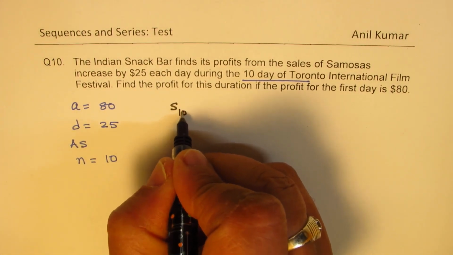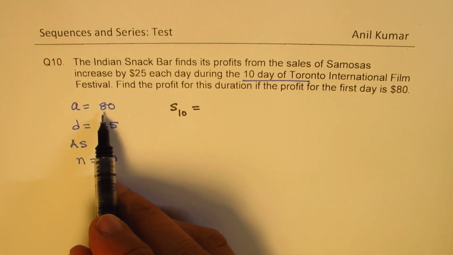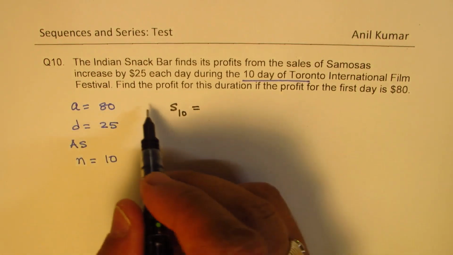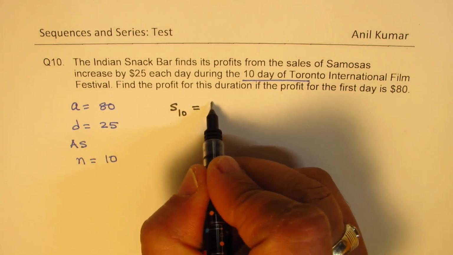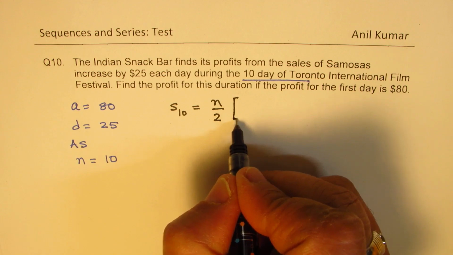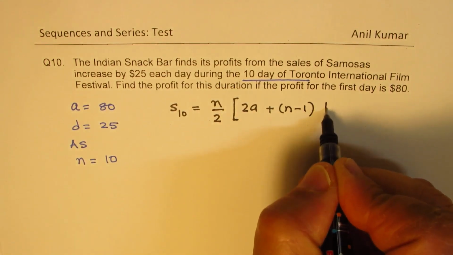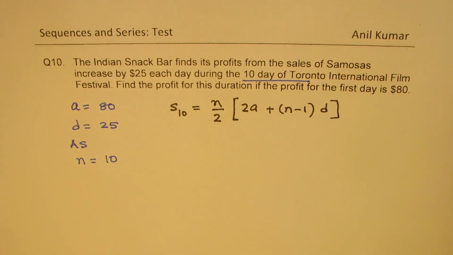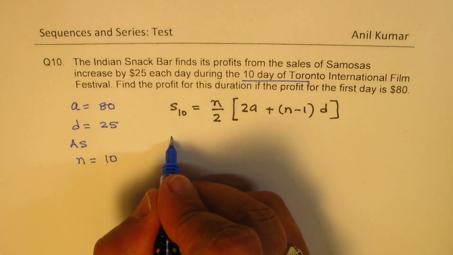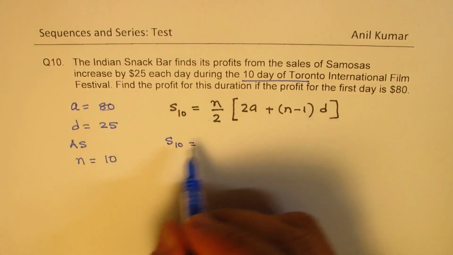So we want to find the profit, which is the sum of all these profits starting with $80 on the first day, right? So the sum of profit formula can be utilized. The sum of an arithmetic series is n by 2 times 2a plus n minus 1 times d, right? We can substitute the known values to find this sum of the first 10 terms starting with 80, right?